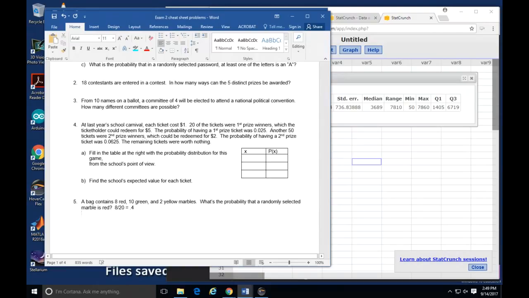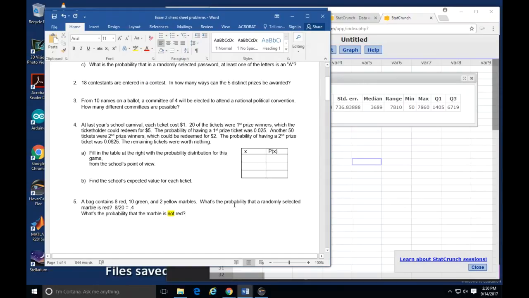Another question we could ask here would be, what's the probability that the marble we selected is not red? Since we already know the probability that a randomly selected marble is red, this would be the complement. The naught tells you that it's the complement.